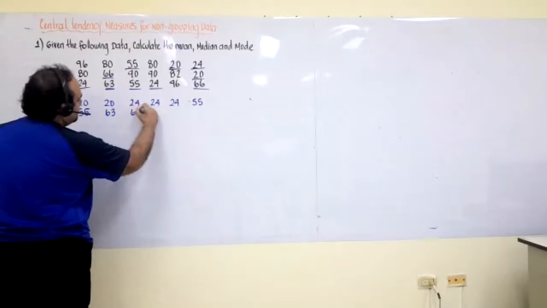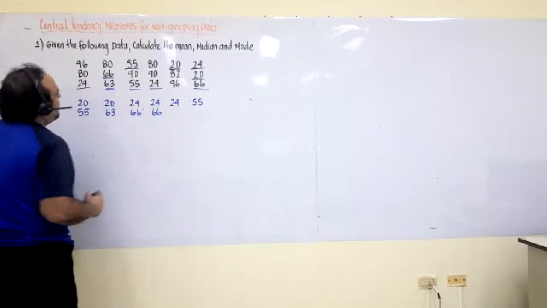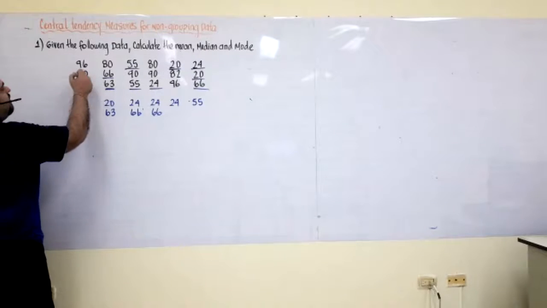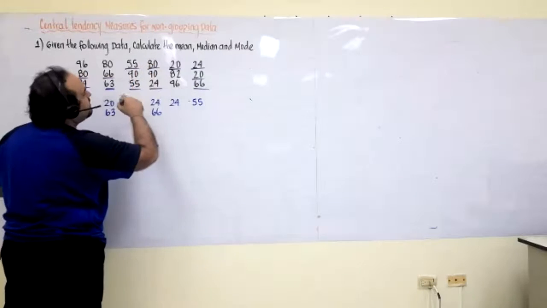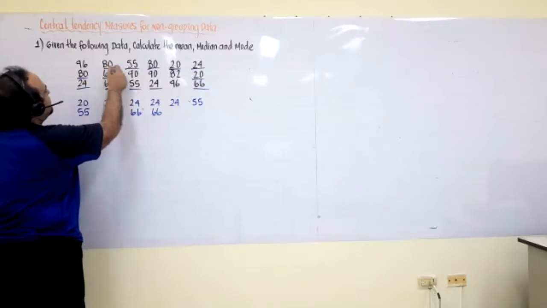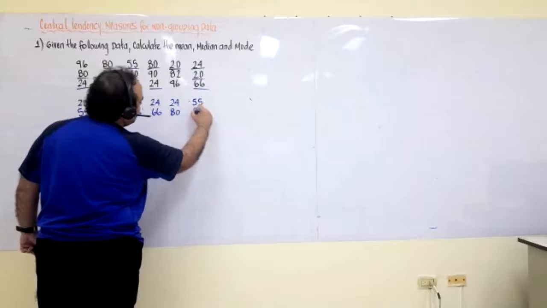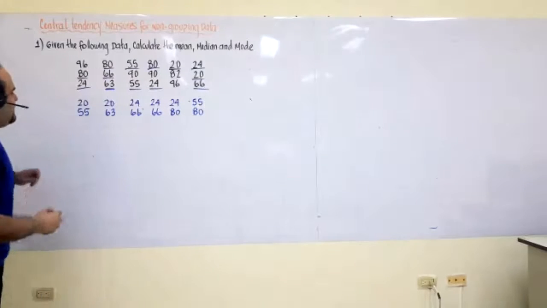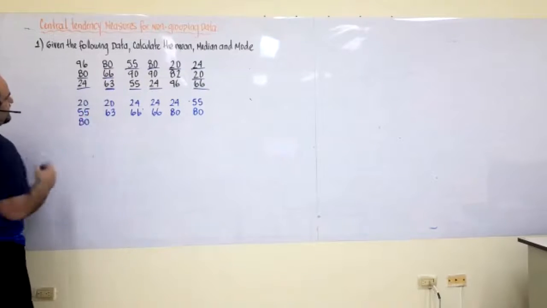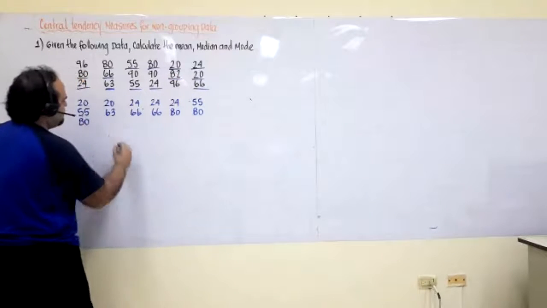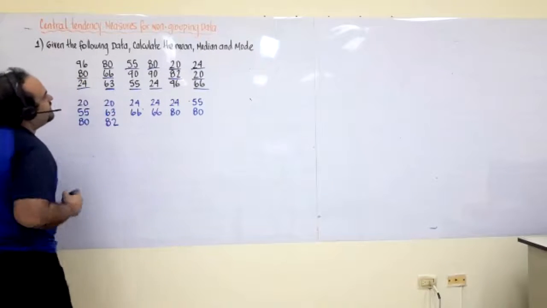66, 66. After 66, then we got 80. 80, right? We have three times: 80, 80, 80. After 80, that will be 82.